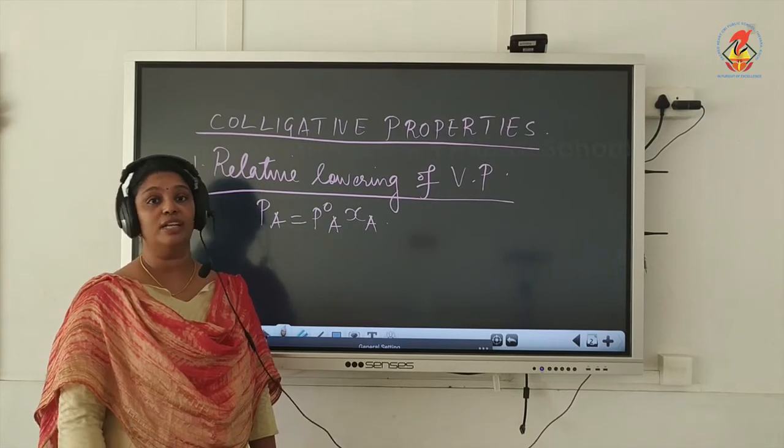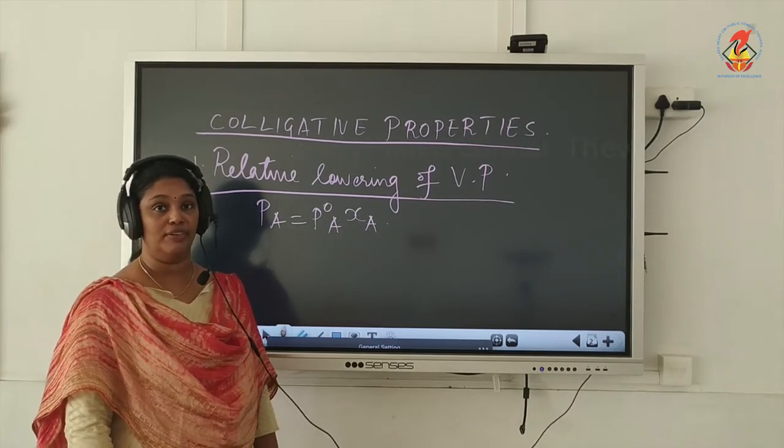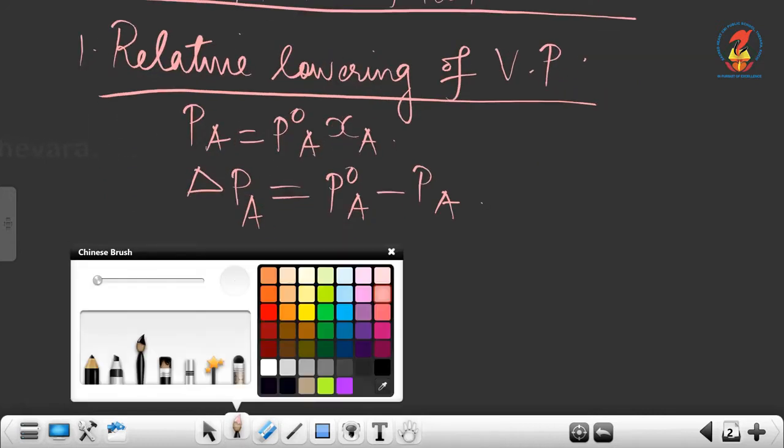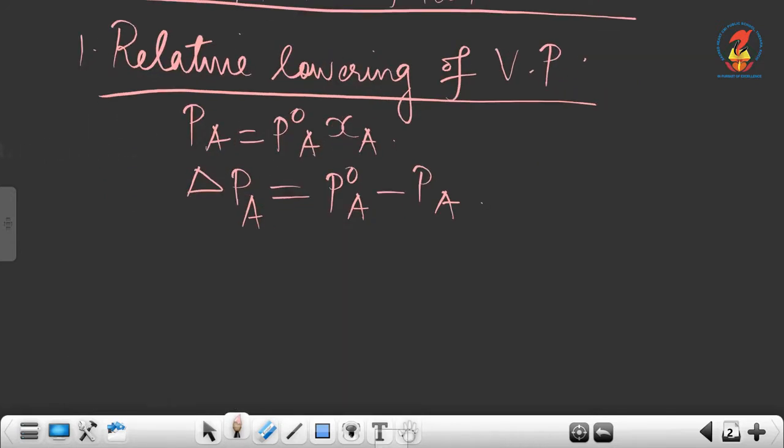That reduction in vapor pressure of the solvent is denoted by delta PA. Delta PA will be equal to P naught A minus PA, where delta PA is the reduction in vapor pressure of solvent, P naught A is the vapor pressure of pure solvent, and PA is the vapor pressure of solution.